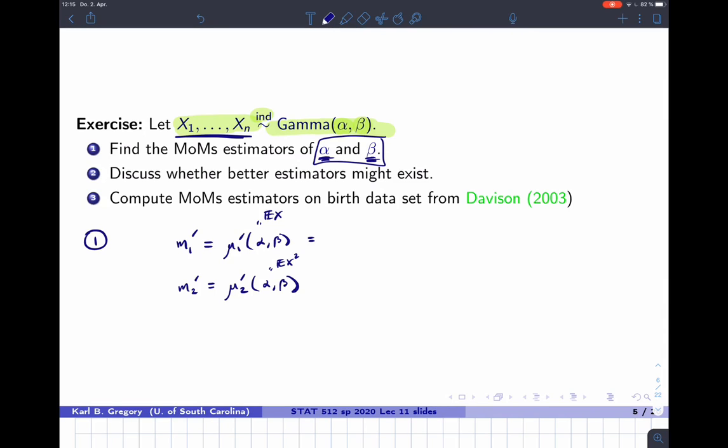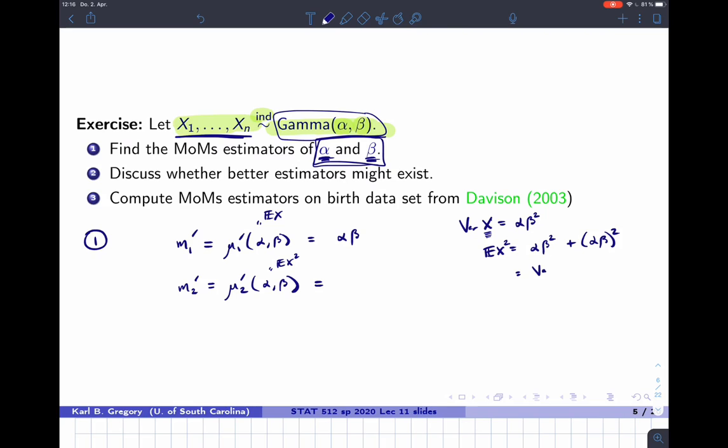If we look at the gamma distribution cheat sheet, in our table, we find that the expected value is alpha beta. The variance of a random variable x having this gamma distribution is alpha beta squared, which means the second moment is equal to alpha beta squared plus the square of alpha beta.